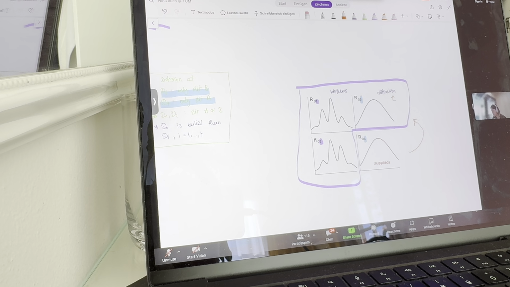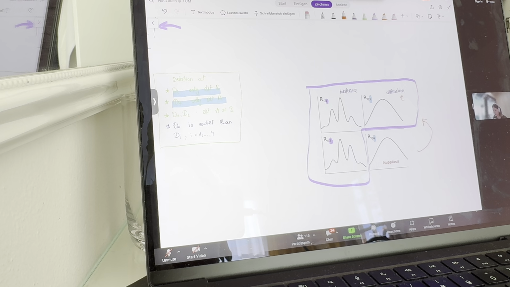And it should just be the same if you detect it at detector 4, where you immediately know that both photons went through slit A. So it just means that this graph down here, the supplied one, was not actually produced by actual measurement data, I guess, but physically it should be the same.